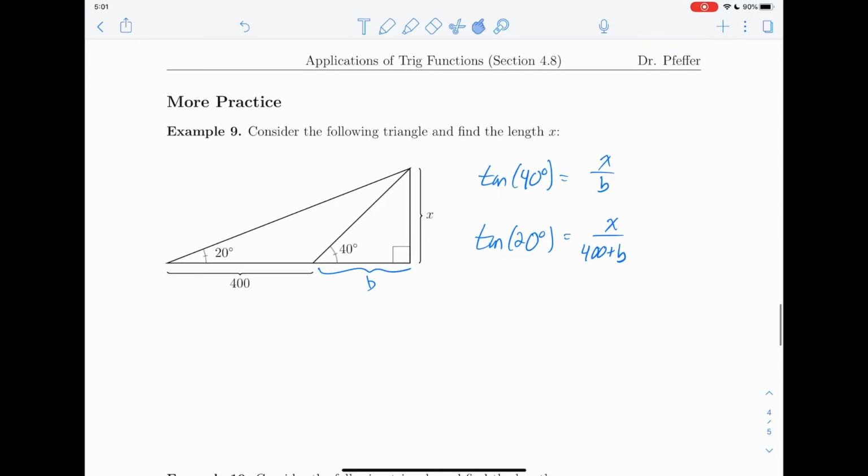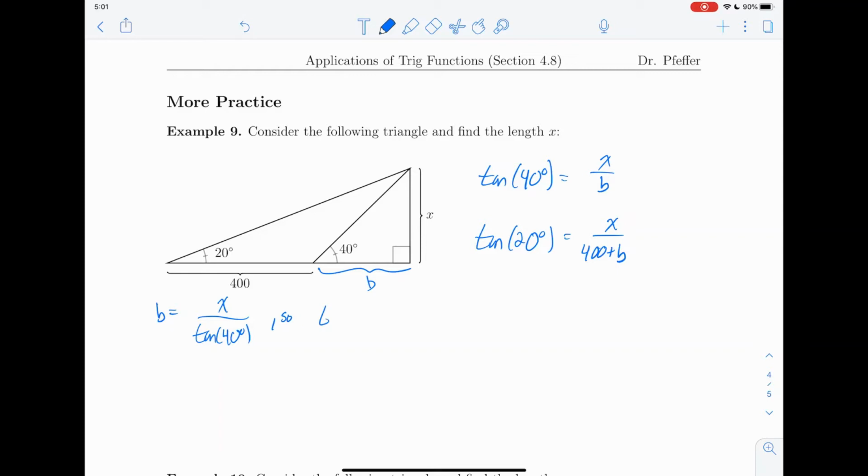And the way I'm going to do that is I'm going to take this first equation and solve for b. So we know that b is therefore equal to x over the tangent of 40 degrees, which means I can take x over tan 40 and put that in wherever I see b in this other equation.